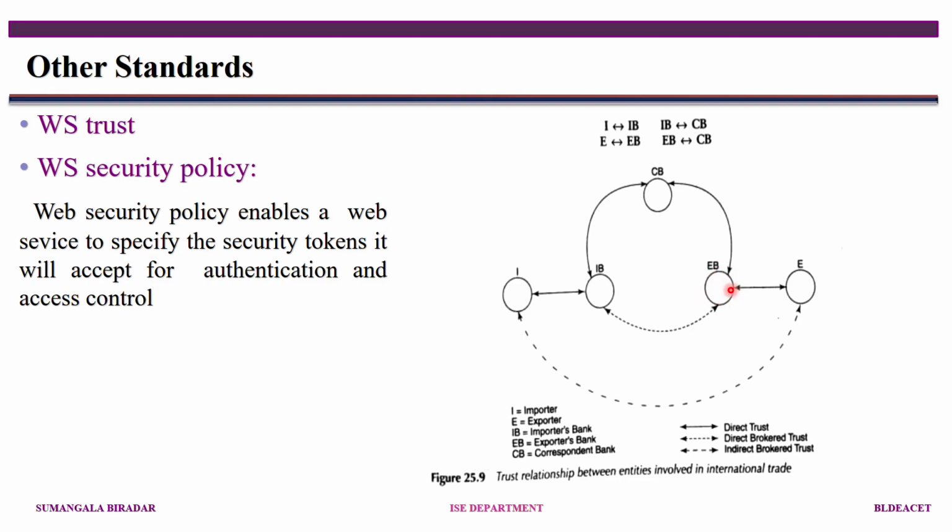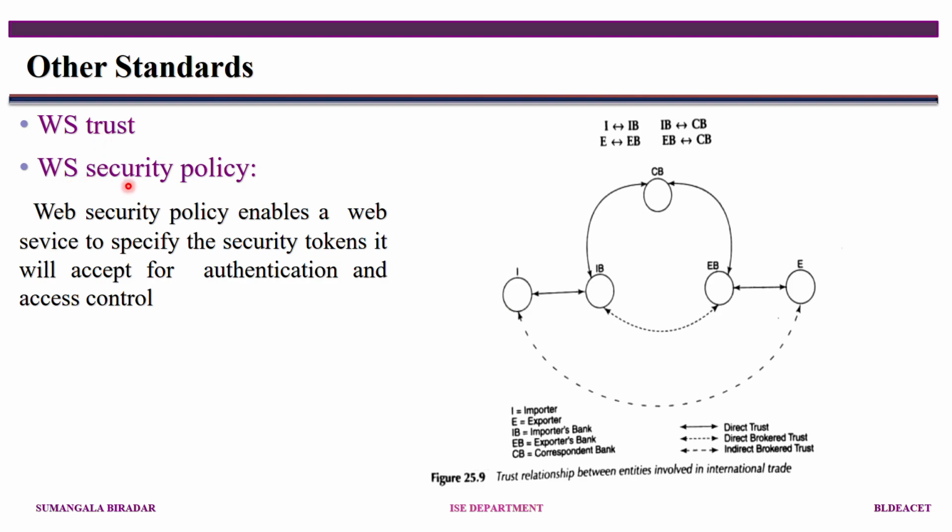Then that trust will be sent to E. Trust means verified: yes, it is verified. You can communicate here. Like this, I and E now communicate, where I is the importer and E is the exporter. That is what you call WS Trust. In this way, web service trust will be generated.